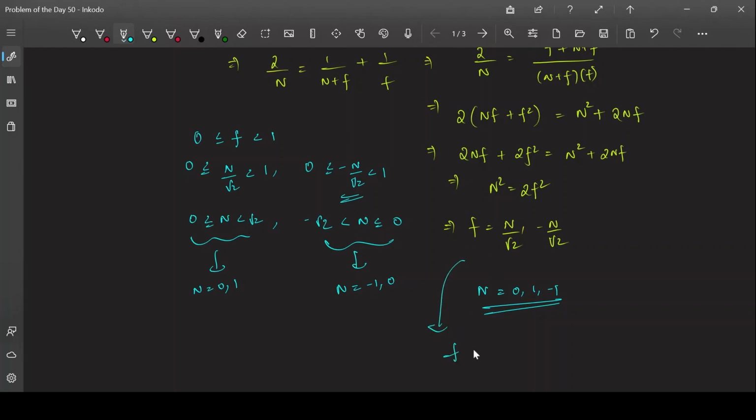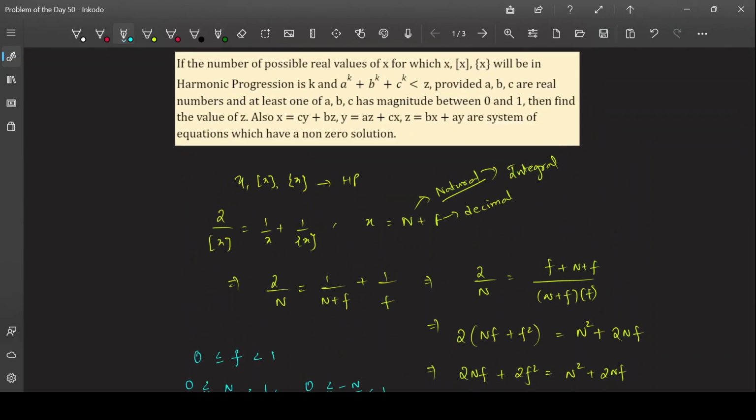In this case f would be 0 by root 2, that is 0 itself. When we plug in n equal to 1, we get 1 by root 2, and in the other case we get minus 1 by root 2. So when we have the values, what is x? x is equal to n plus f.